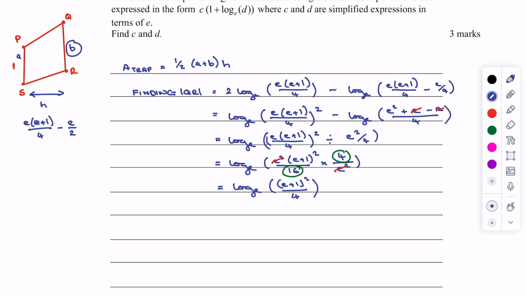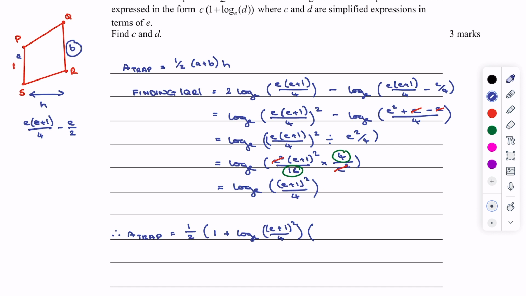All right. Therefore, my area of my trapezium equals a half. A I found as 1. B, the length QR, is log e plus 1 all squared on 4.